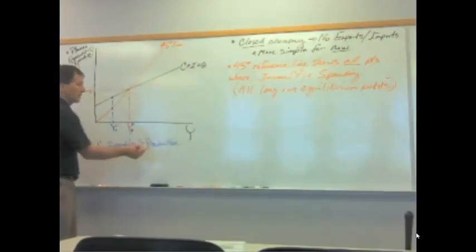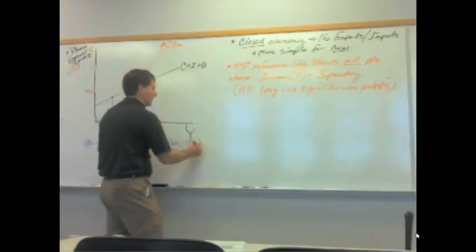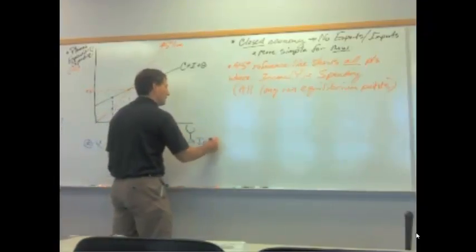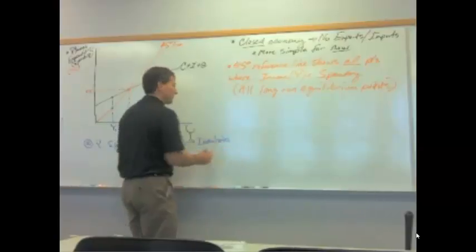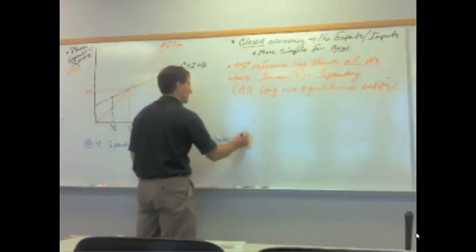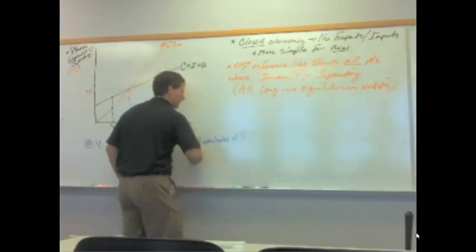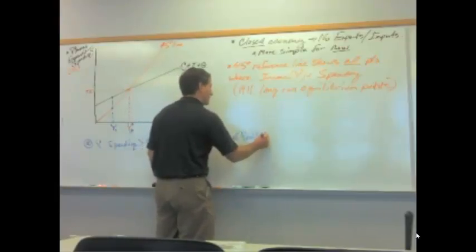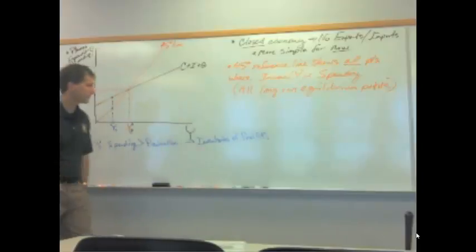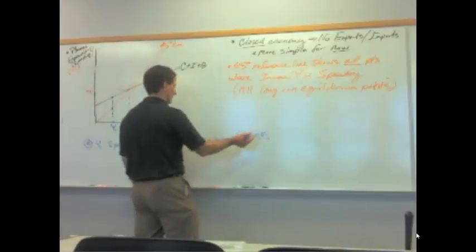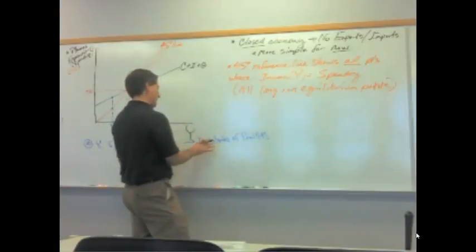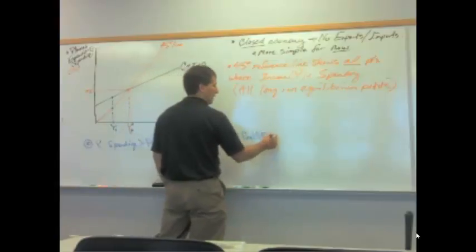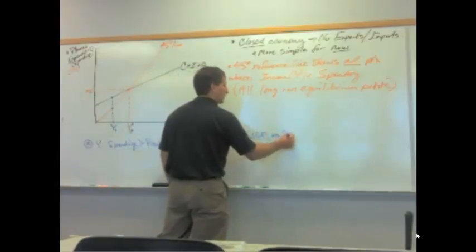So spending is greater than production, which means inventories of final goods and services, mostly final goods, by the way, are falling.